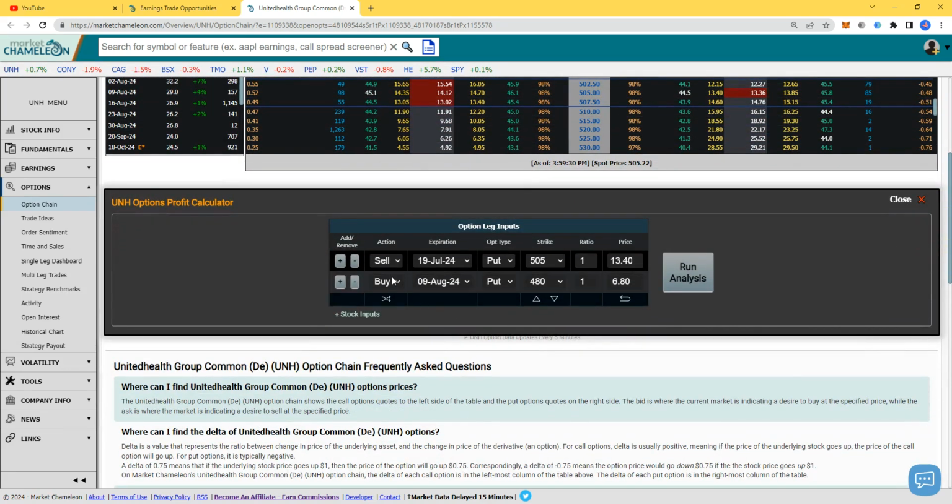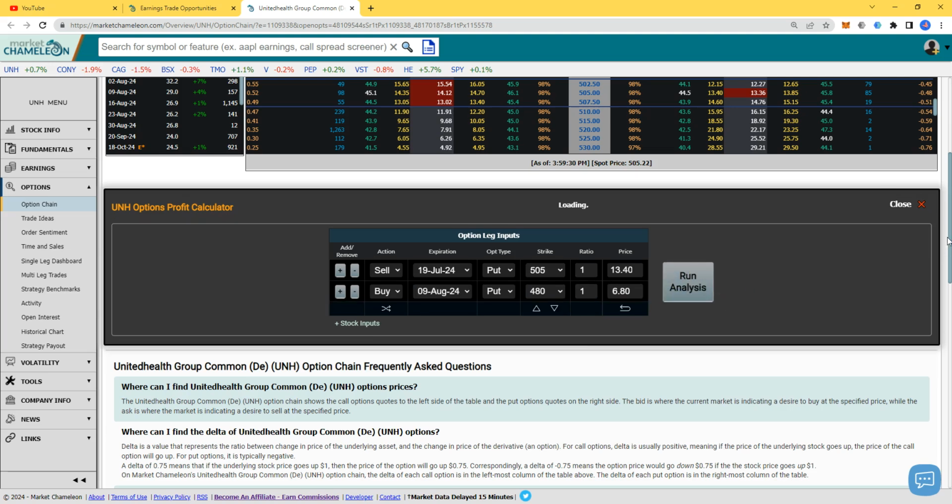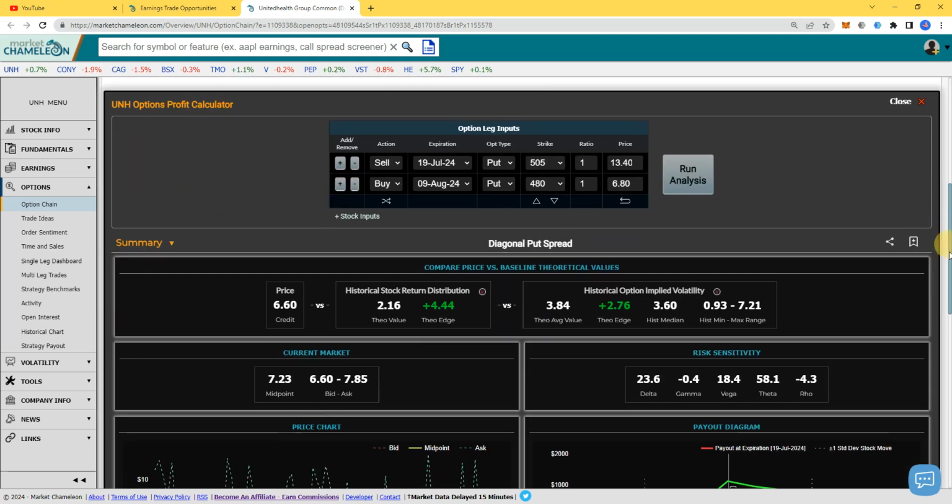So basically it tells you, this is like a calendar. Sell the July 19 put 505 and buy the August 9. Interesting. So you sell one for next week and you buy the August 9, which is 3 weeks later, the 480. And if you click here, run analysis, it tells you what's going on.